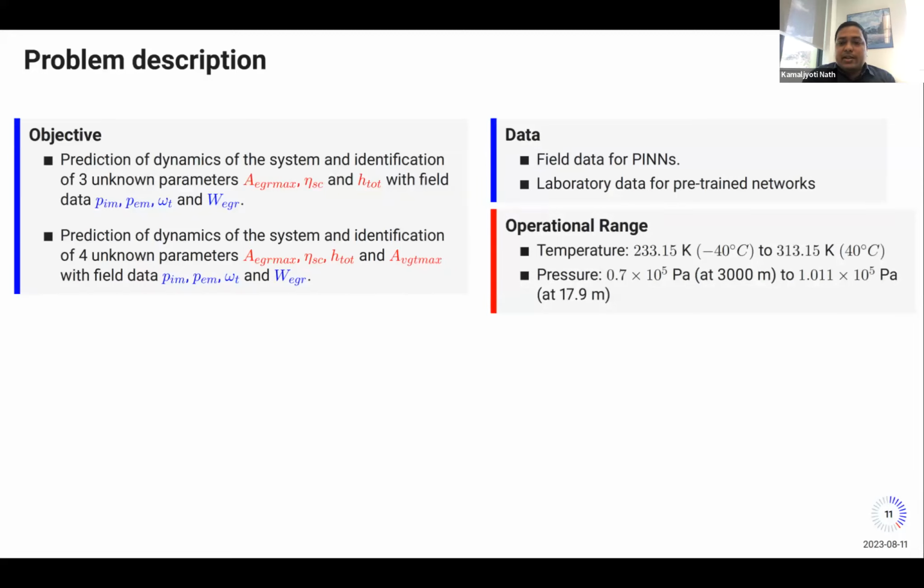And the operation range of the machine is from -40°C to +40. And then the pressure is from 0.7 Pascal, at a height of 3000 meter, and then from 1.1, which is at 17.9 meter. So PINN can take the operation range automatically, but for the P-chain network, we have to train it with the entire operational range.